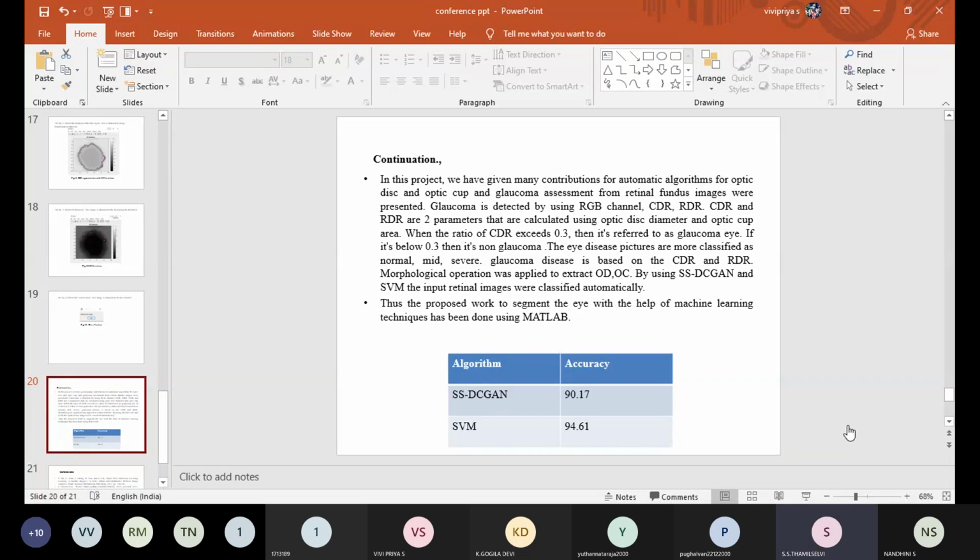40 images you have used for? So you are not clear in that. Yes, ma'am. Have you trained your network for this SVM classifier?